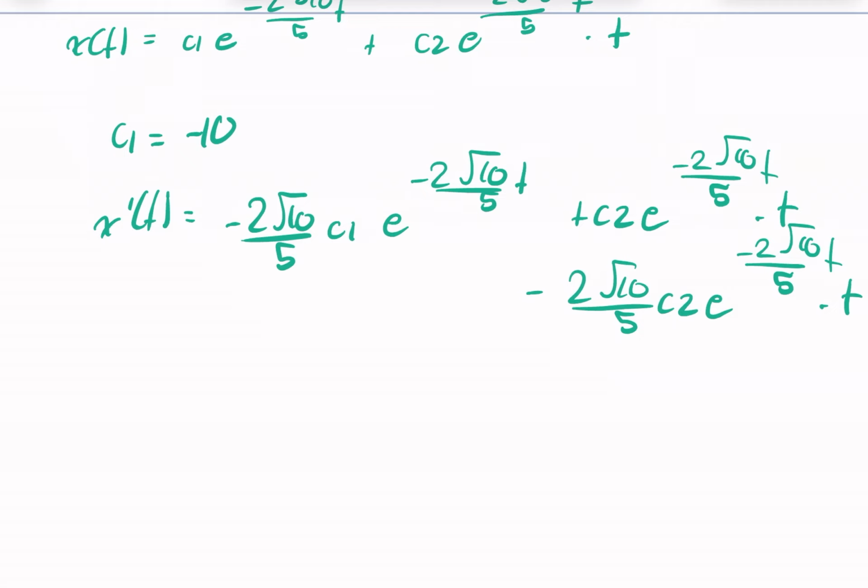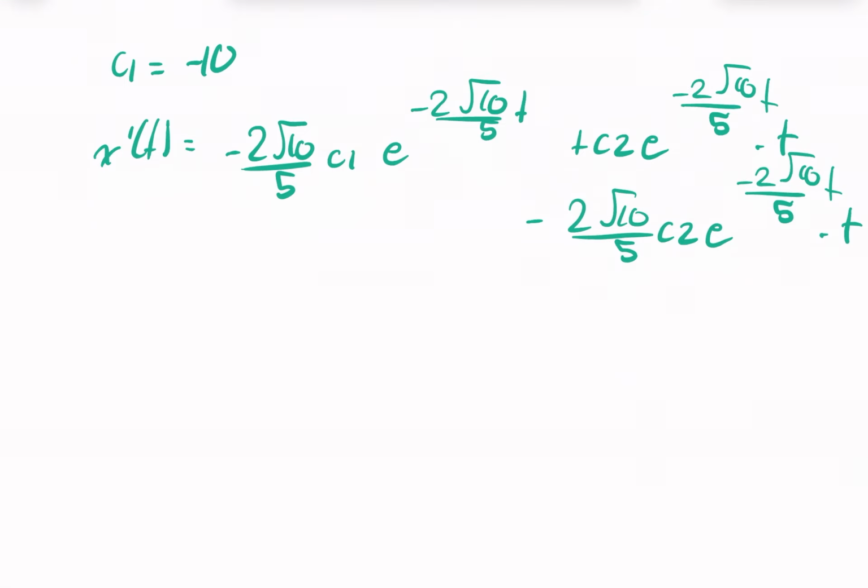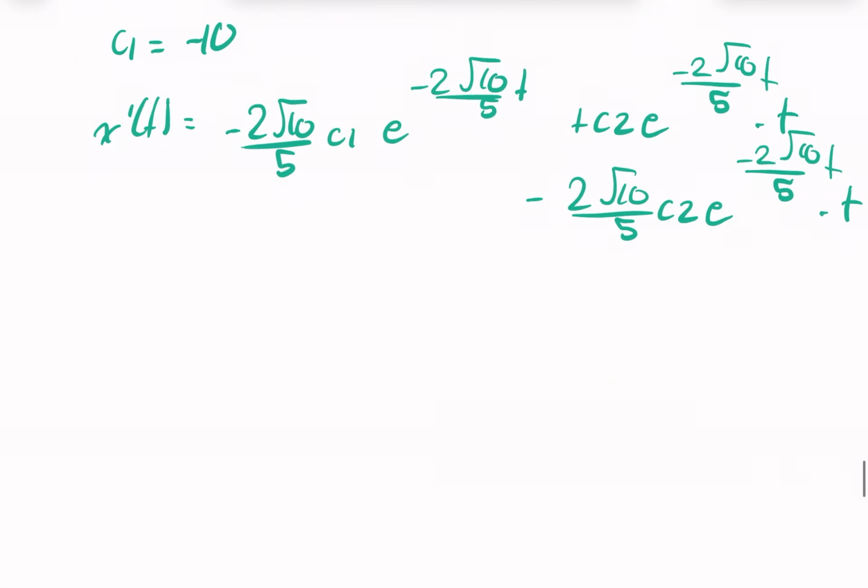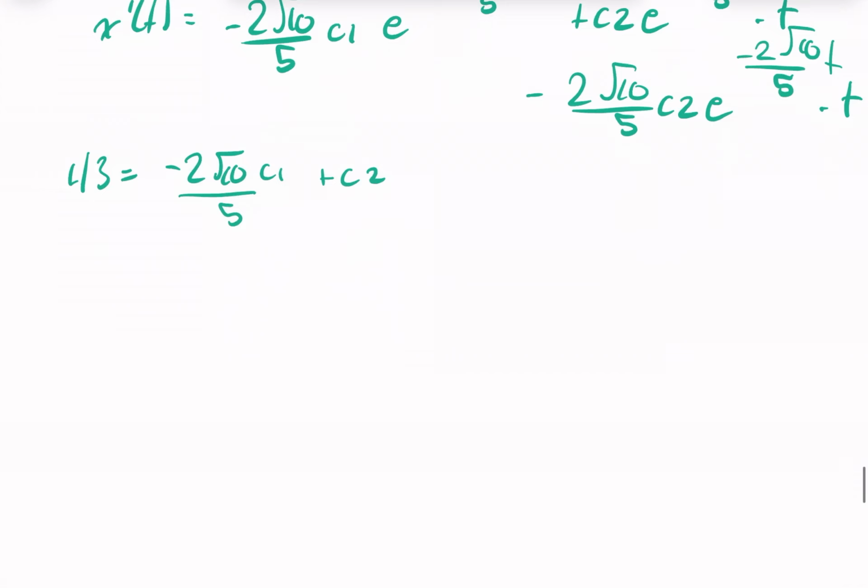Okay, cool. So now we plug in our velocity initial condition. So 43 equals negative 2 root 10 c1 over 5 plus c2. And we get 43 equals 4 root 10 plus c2, and c2 equals 43 minus 4 root 10.